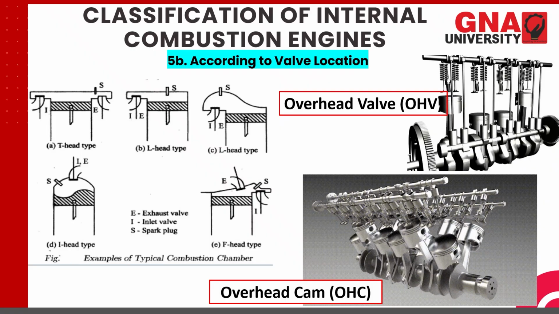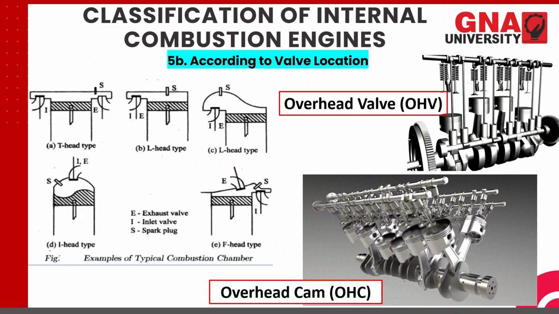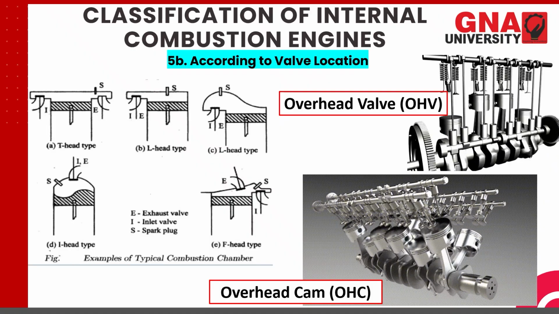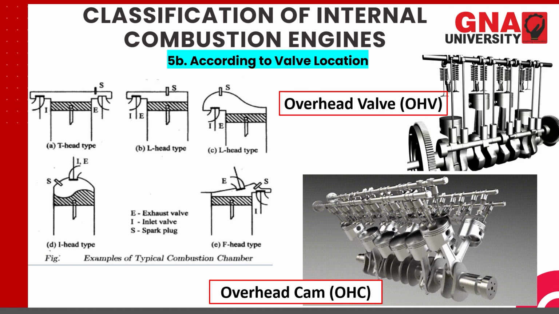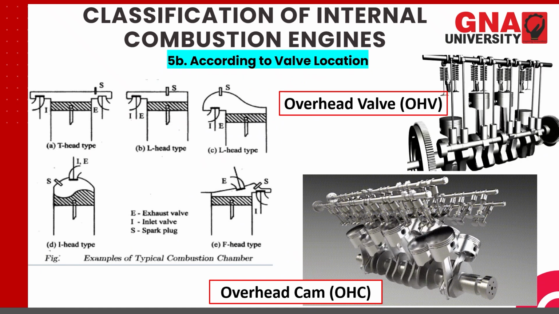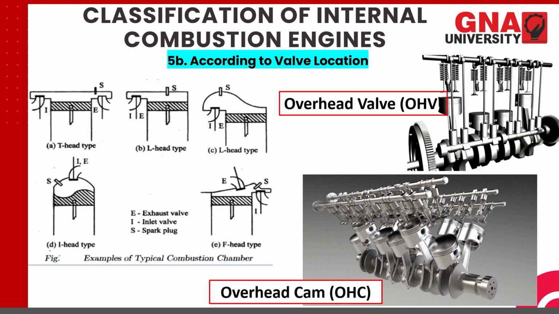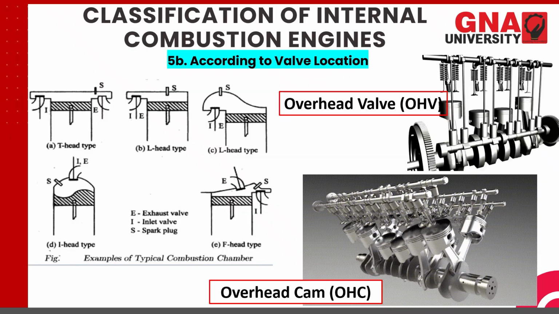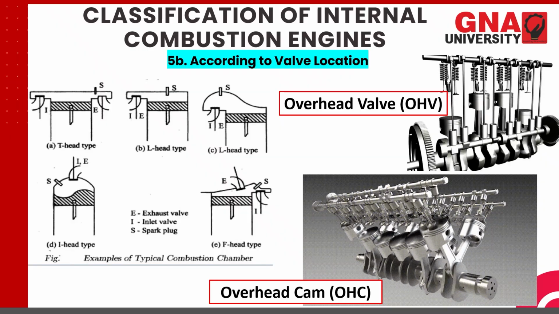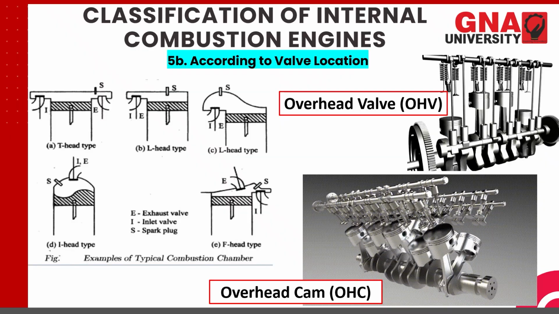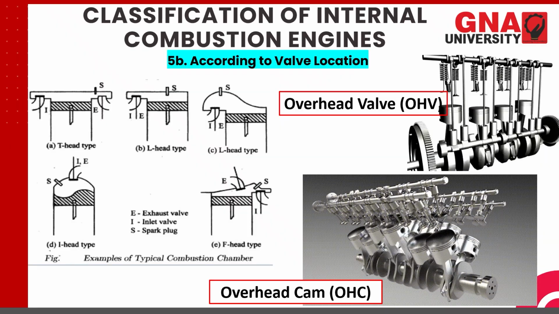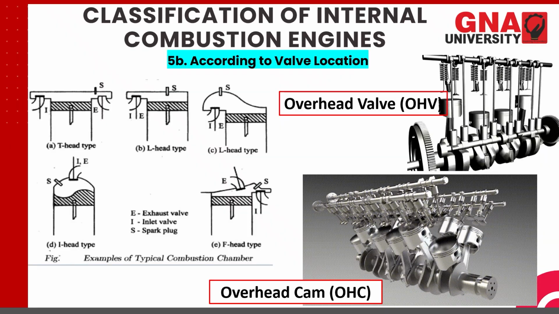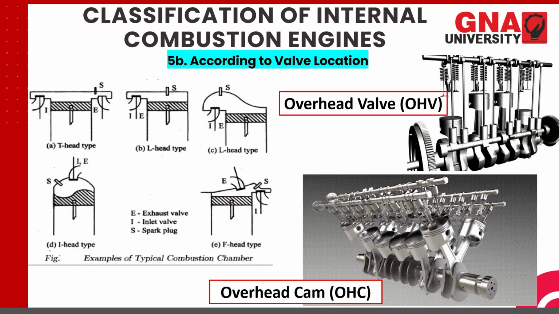In the second figure you can see the opening and closing of the valve is done with the help of a cam, which is situated just over the valve. So hence this is called overhead cam. Here the cam is situated over the valve, whereas in the first case the valves are situated over the cam.